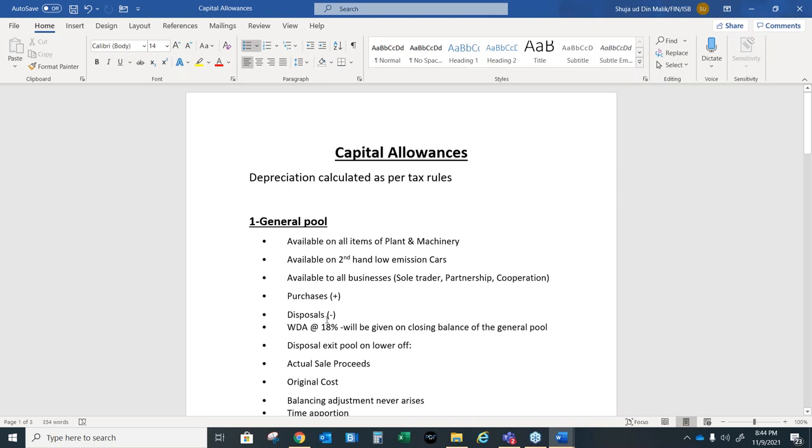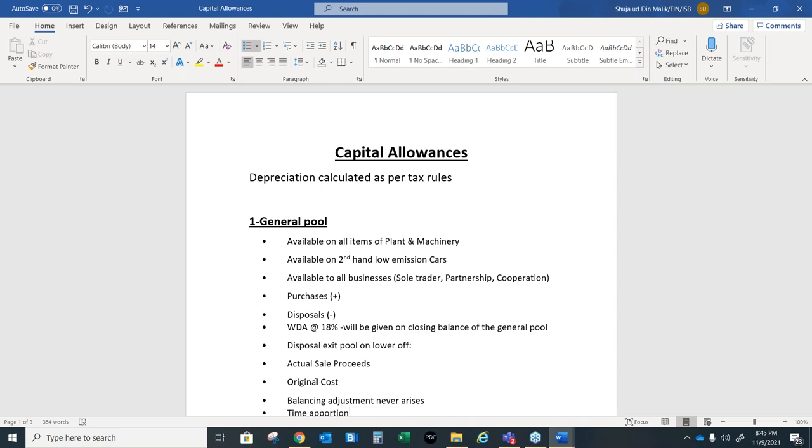Further, when we dispose of assets out of the general pool, we subtract the figure that is the lower of actual sale proceeds and original cost. We do this because when we subtract the lower figure, we have an extended closing balance of the general pool.